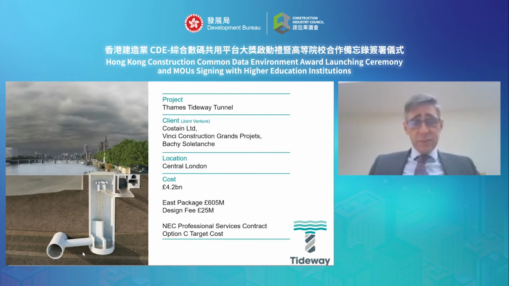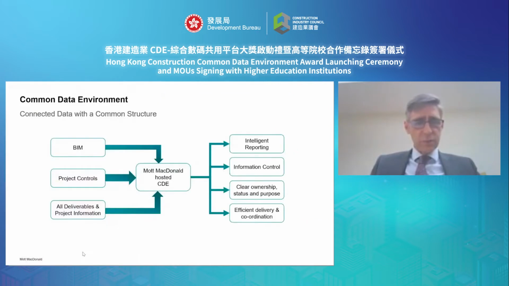And a really good example of it would be from some of the work we did on Tideway. Thames Tideway is a huge project in London, helping to clean up the River Thames. About £4.2 billion worth of investment, and many different organisations working on the project.